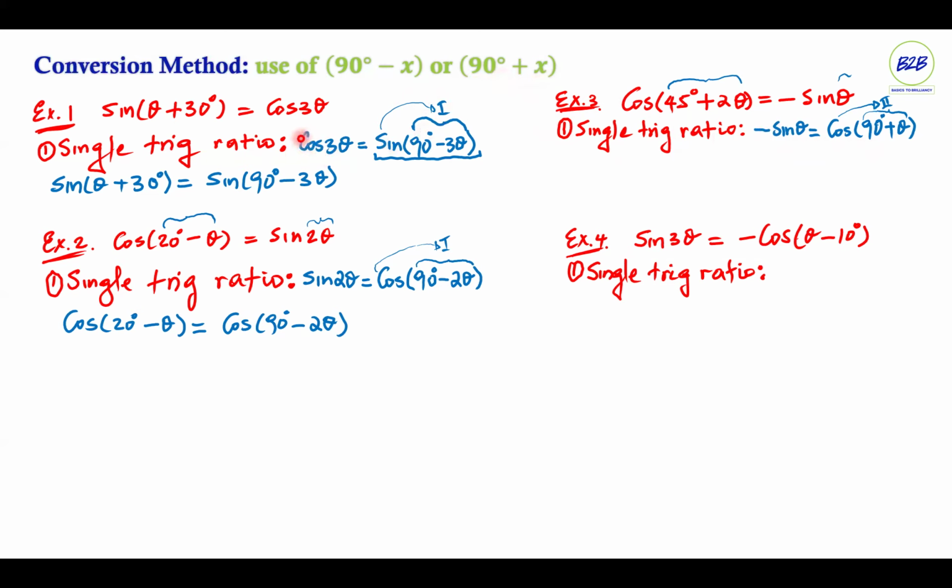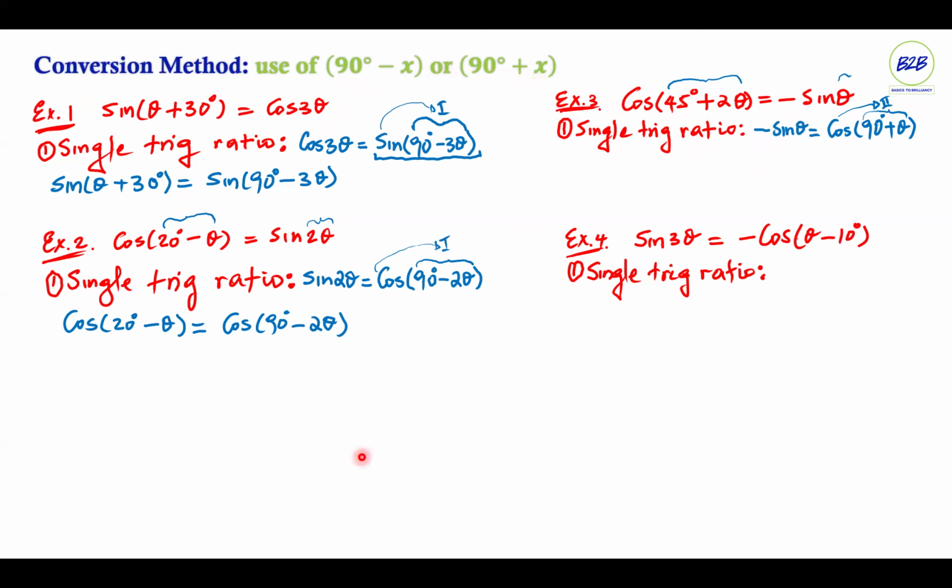Otherwise, when the coefficients of cos and sine are +1, it really does not matter. Whether you use the 90 minus or 90 plus, you get the same answer. But when the coefficient of sine is negative, use exactly 90 degrees plus.